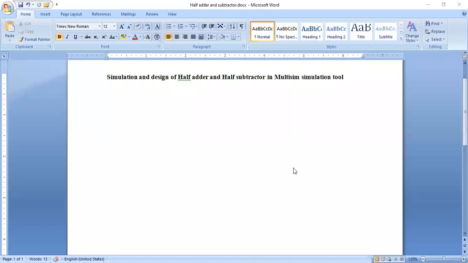Okay, dear students, I hope you can see my screen now. As I have already explained, today I'm going to design two combinational circuits. One of them is the half adder and the second is the half subtractor.